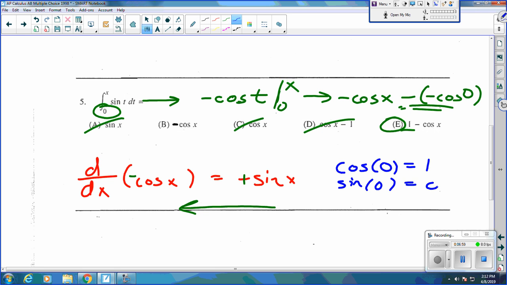If I change these to 90, it's a 0. This is 1. If I change these to 180, negative 1, 0. If I change these to 270, 0, negative 1. Point is, those have to be pretty much in your arsenal. And you see this, and you think the antiderivative is this, you know there's going to be a 1 or a negative 1, depending on how signs work.